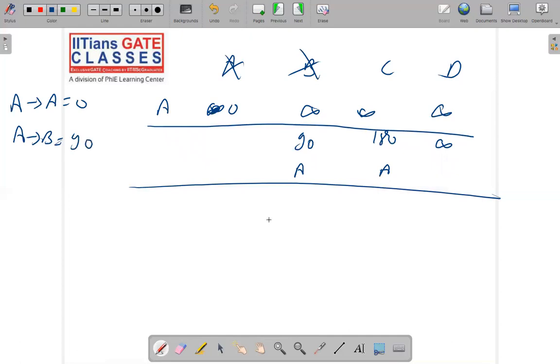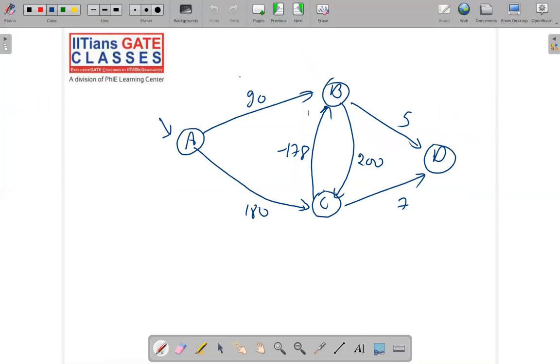But is it correct? Let's see. We deleted B, so let's try to use B to reduce the cost of C. If you go back to the graph, from B to C it's taking 200, which is greater than 180.